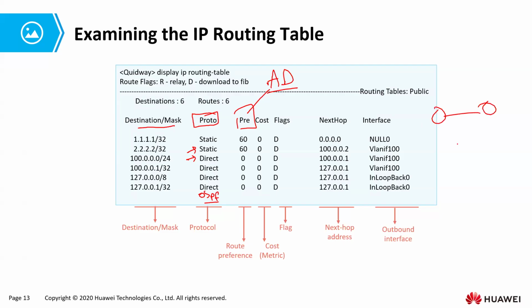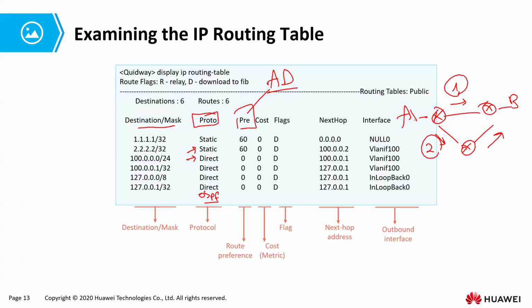So for example, my network has 3 routers. B, A. So if I want to get to B, I can either go via route number 1 or route number 2. Both go to B. But which one is most preferred?